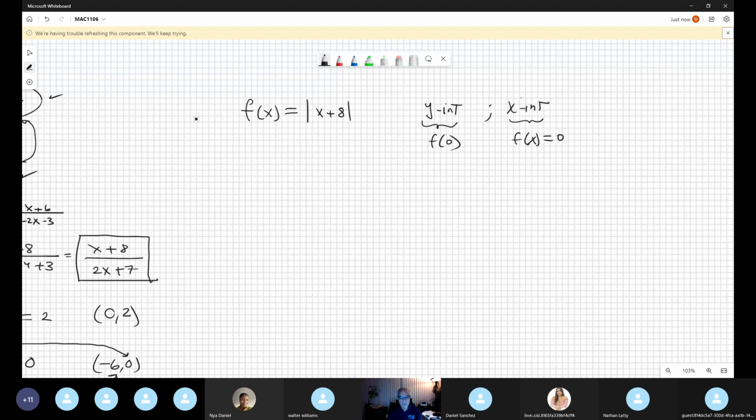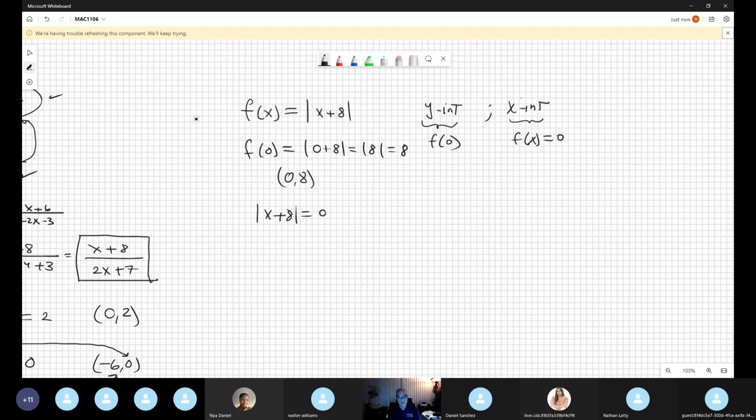Let's do it in this function. f of 0 is absolute value of 0 plus a. 0 plus a is a, and absolute value of a is a. And the point is 0, a. And the x-intercept is more complicated because it's an equation. So you put absolute value of x plus a equals 0.